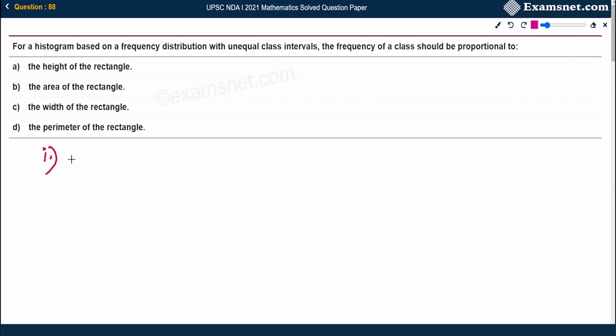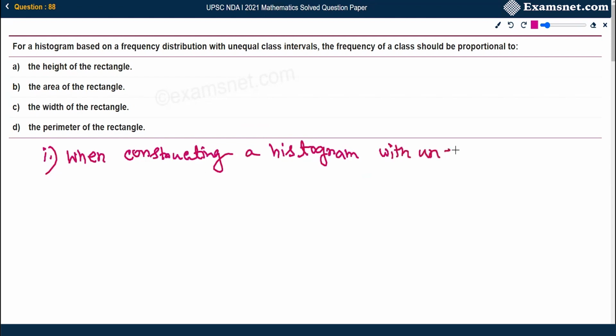First of all, when constructing a histogram with unequal class widths, that means the class sizes are not equal in each case.